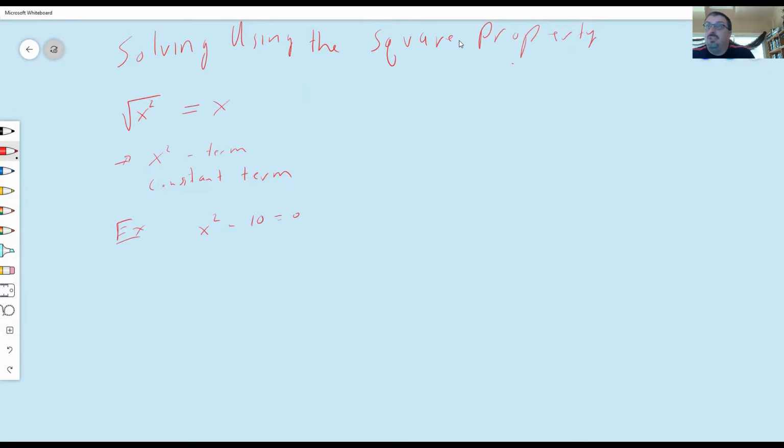We could solve this one using square root property. x squared equals 4, x squared equals 5, even x plus 2 squared equals 7.